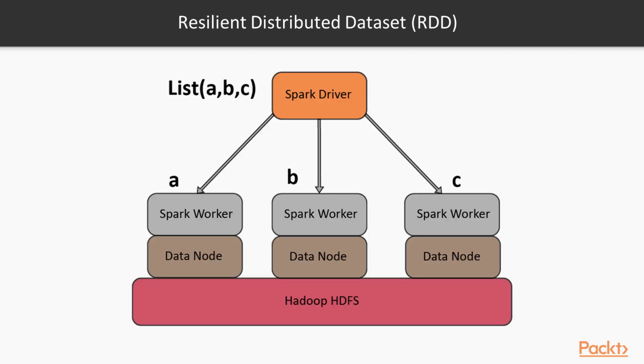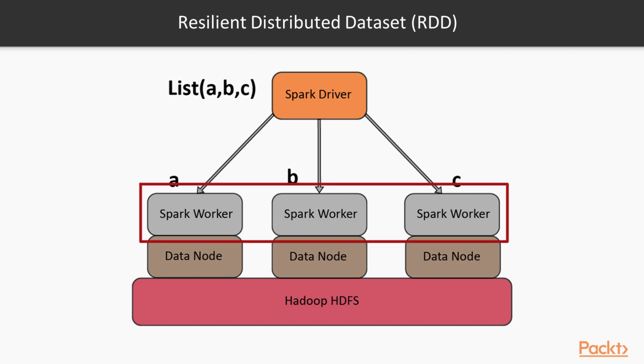So let's look at the RDD in this example. We have a list of 3 elements, A, B and C, and that list is submitted to the Spark driver to perform some intensive computation. Then the Spark driver sees that it has 3 workers available, so it will partition that data and send a small part of that data to each of its workers.